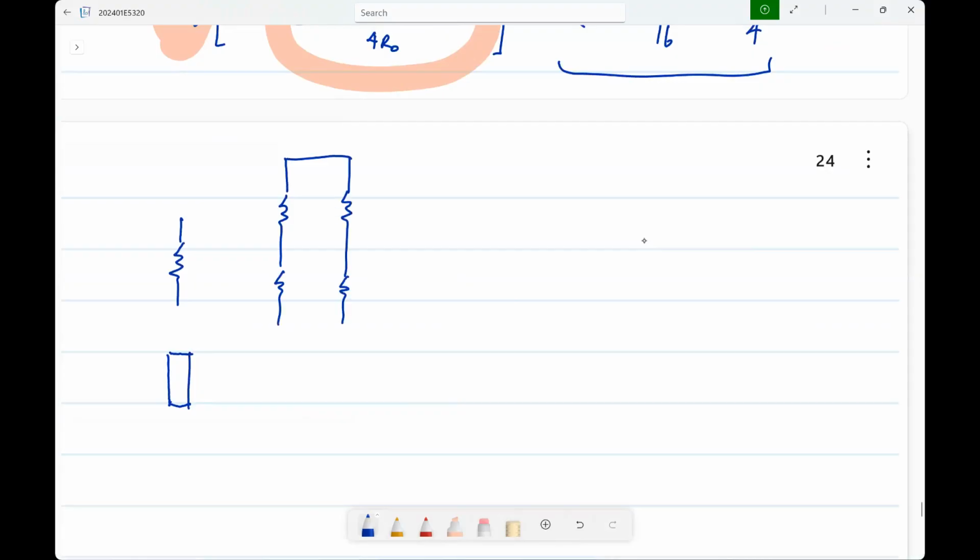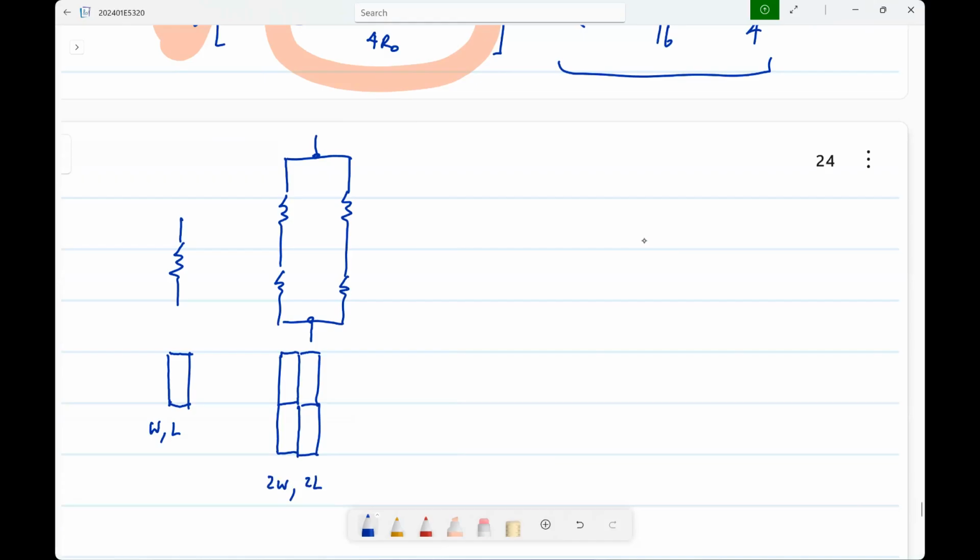Here I did a specific calculation and then told you the general rule. So this you can think of as having four rectangles. If this had W and L, this has 2W and 2L. So basically it has 4 times the area.